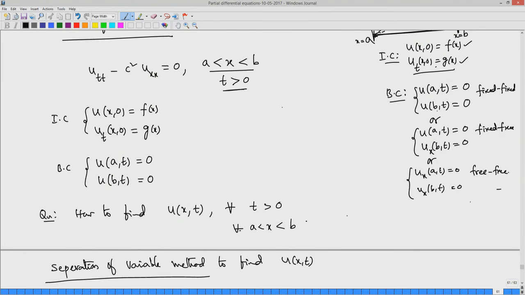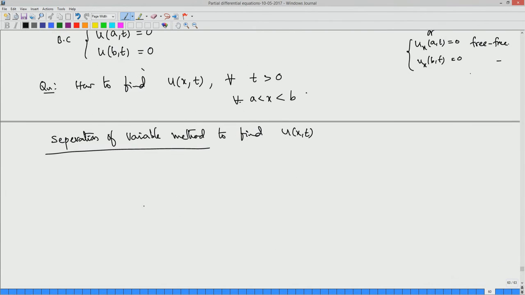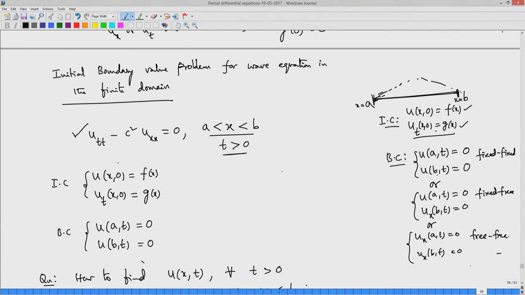I am applying separation of variables just to find the solution of the wave equation, let us see. The wave equation is a homogeneous equation. So, 0 is actually a solution, because if you take u of x, t as 0, it satisfies the equation.